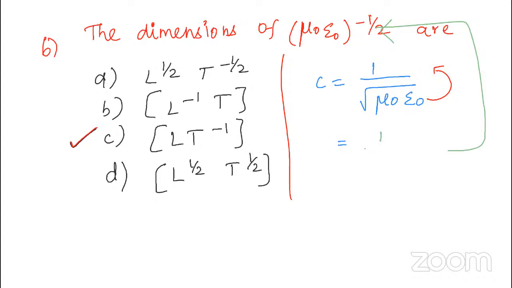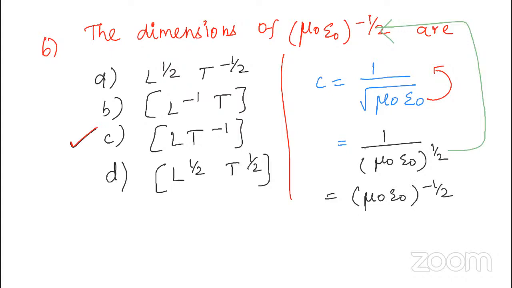One divided by mu naught epsilon naught the whole power half. The half square root பதிலா half எழுதிக்கிறோம். So இந்த half நம்ம மேல எடுத்துட்டு வரோம். So mu naught epsilon naught the whole power minus half. இந்த values வந்து எதுக்கு equivalent? இந்த values நம்மளோட C க்கு equivalent value.